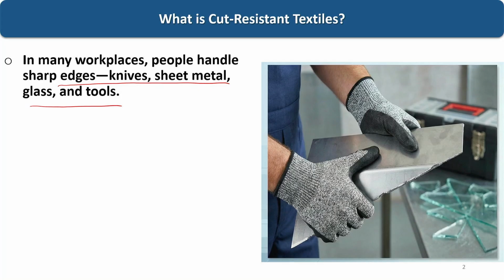In industry or any workplace, people handle this type of material, and there the threat from cut is very common, and that is why we need cut resistant textiles which are flexible.